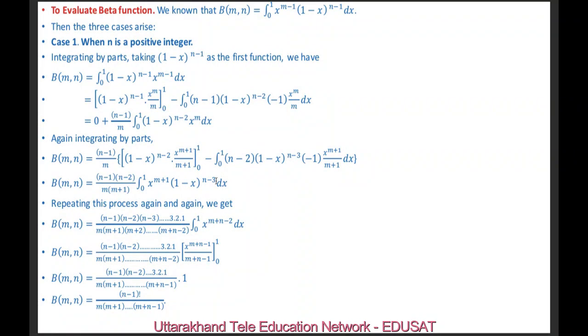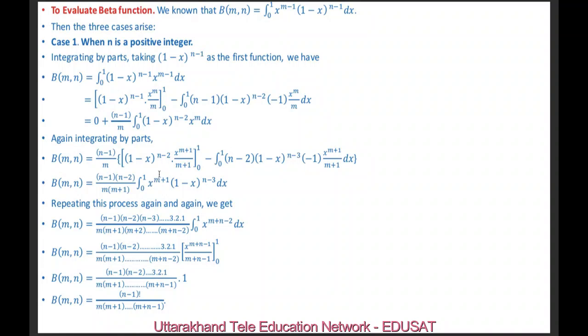So we are subtracting 3 here. In the (n minus 1)th integration we will have 1 more than n minus 1, which is n. So n minus n means 0. So after n minus 1 integrations, here we will have n minus n, which is 0, and (1 minus x) raised to power 0 is 1, so this term will vanish after n minus 1 integrations.